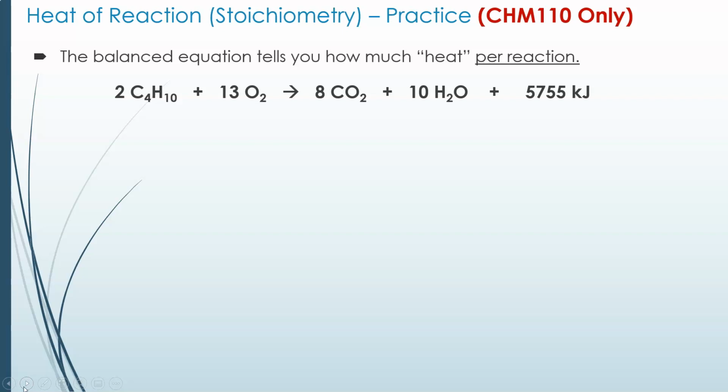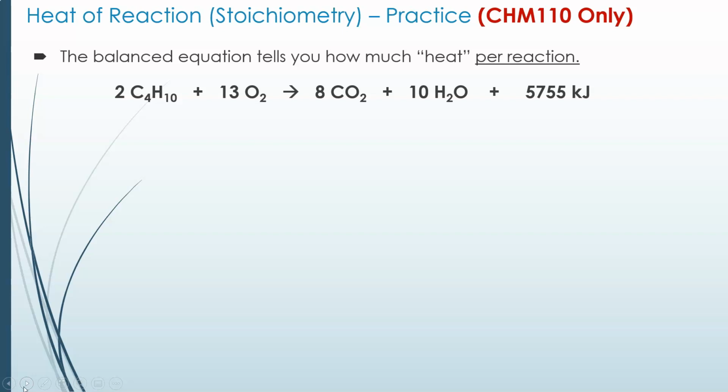So here's another reaction. We have 2 moles of C4H10. You learn the name as tetracarbon decahydride, but the proper organic chemistry name for this is butane, as in a butane lighter.